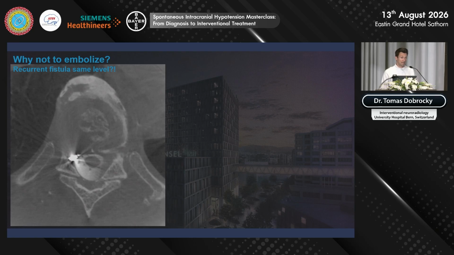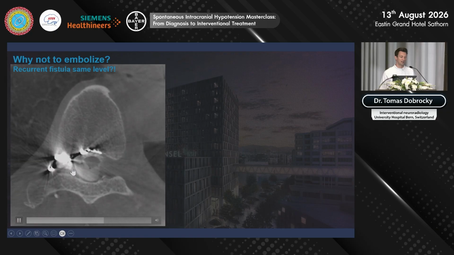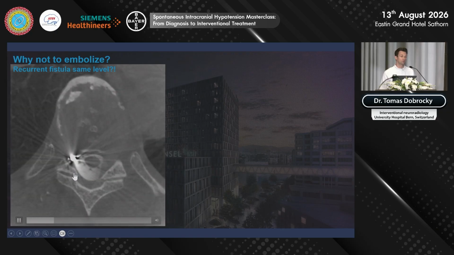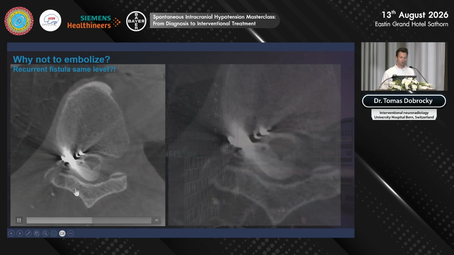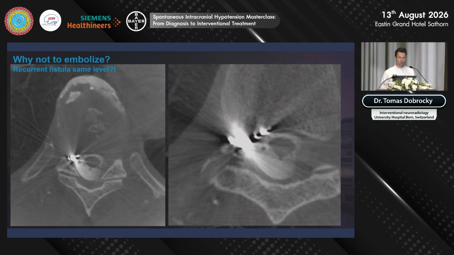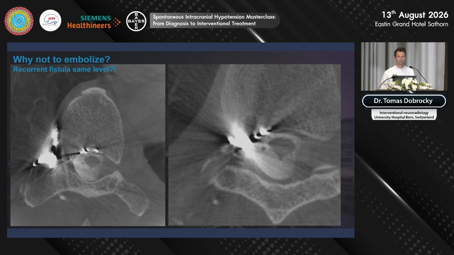What are the downsides of doing an embolization with liquid embolics? You can see that performing any kind of imaging afterwards decreases the imaging quality because of beam hardening artifacts. So any kind of further myelography is going to be difficult to evaluate.